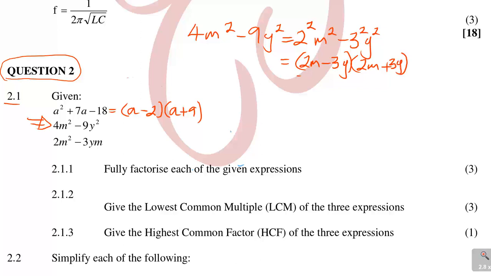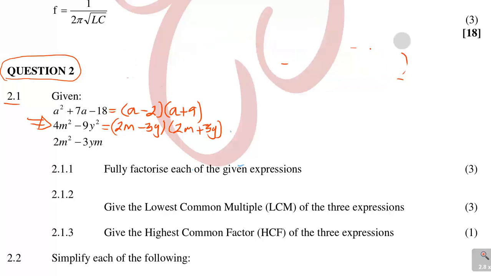That is the answer to that. So this is equal to 2m minus 3y and 2m plus 3y. And when you've done that, that is the factorized part. Again, this was 1 mark.